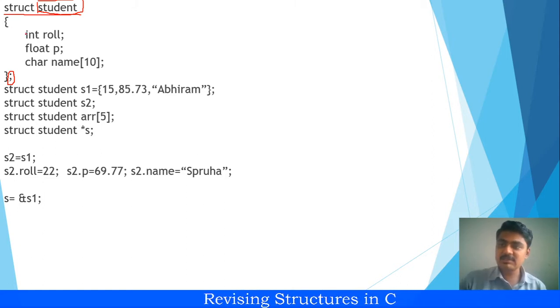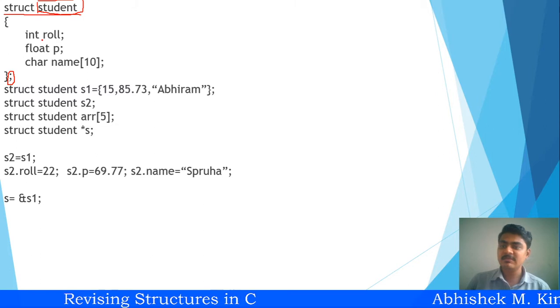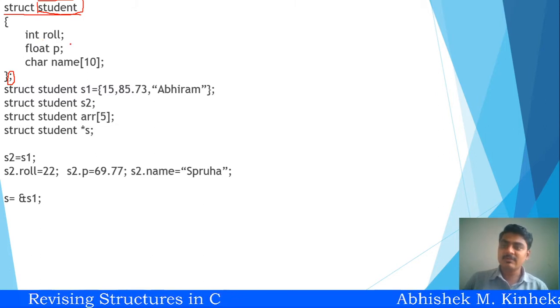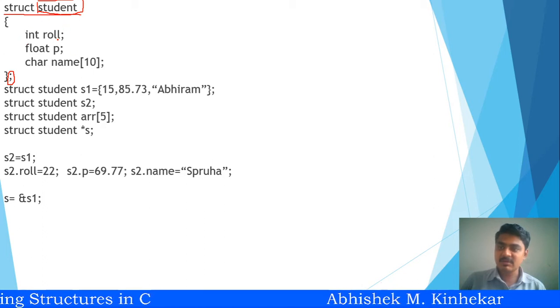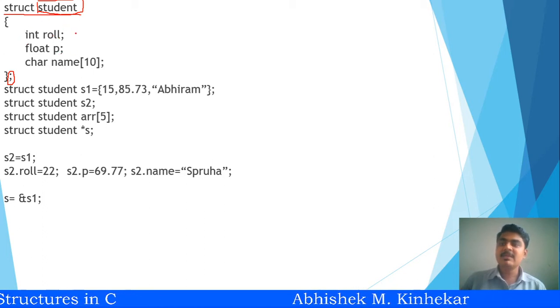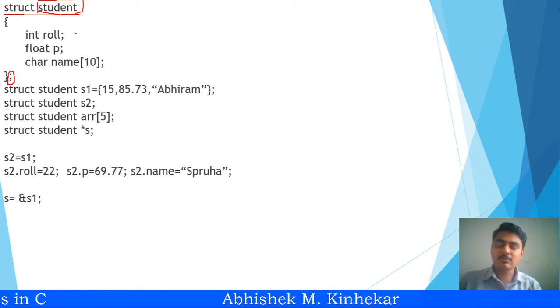A structure is a collection, correct? A structure is a collection enclosed within these 2 curly braces. That means these 3 things can be used as a collection. Now when you declare structure members, these members, that is roll, p and name, cannot be accessed directly. You cannot write int roll or roll is equal to 25.